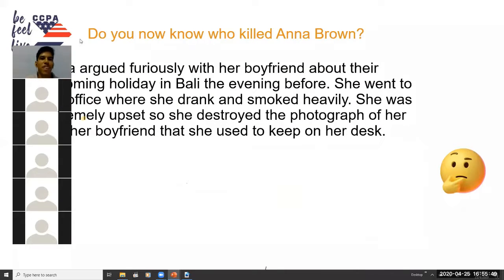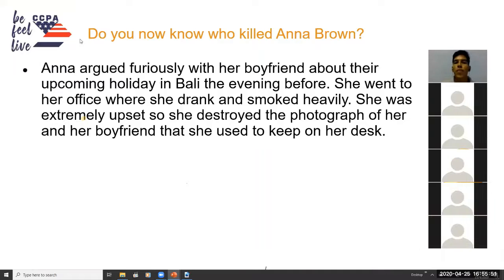So, Anna argued furiously with her boyfriend about their upcoming holiday in Bali the evening before. She went to her office where she drank and smoked heavily. She was extremely upset, so she destroyed the photograph of her and her boyfriend that she used to keep on her desk.